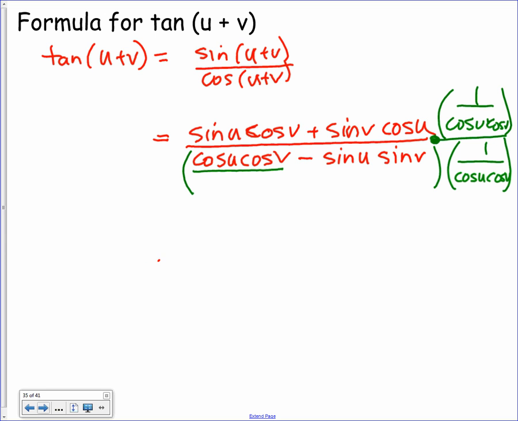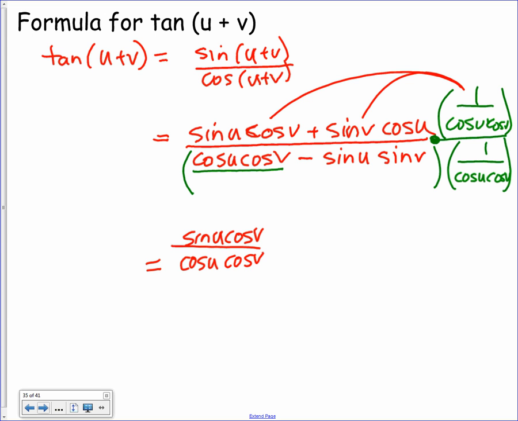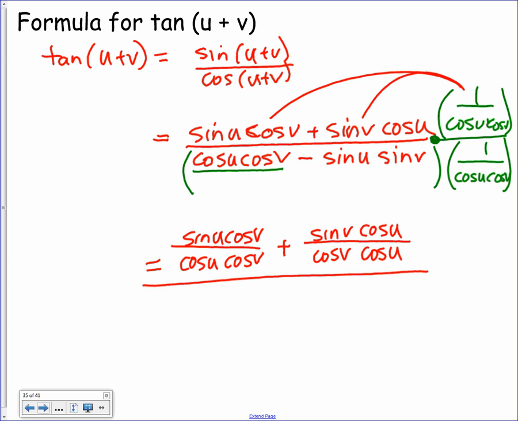Let's simplify. This is going to be the mother of all division problems. This has to get distributed to both things on the top. So I've got sine u cosine v over cosine u cosine v plus sine v cosine u over cosine v cosine u. There's the big division problem.